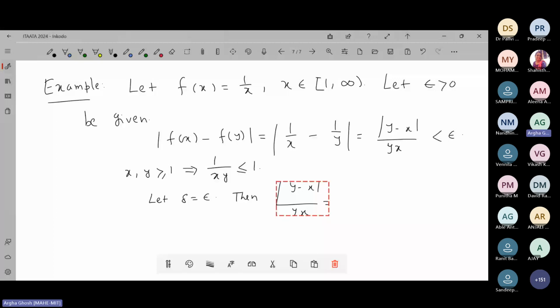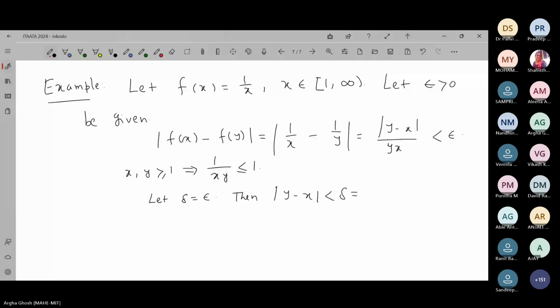Let's assume that we have mod of x minus y less than delta, which is epsilon. This implies mod of y minus x by xy will be obviously less than epsilon, because 1 by xy is less than or equal to 1. So if you multiply both sides, it will be less than epsilon.